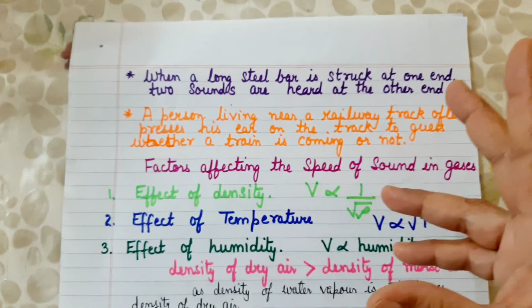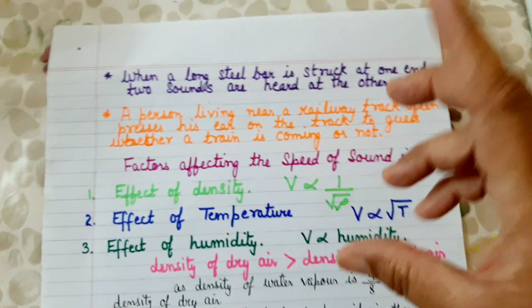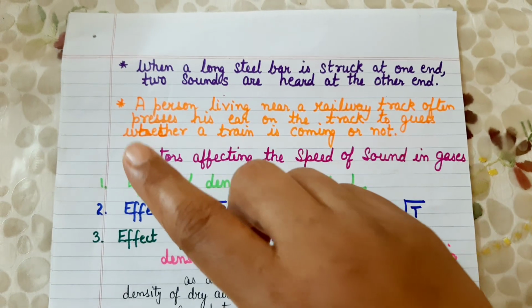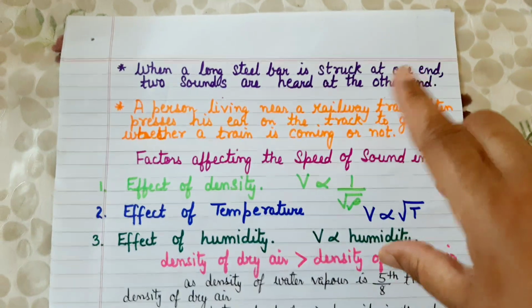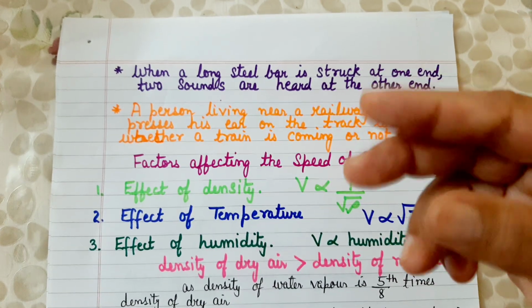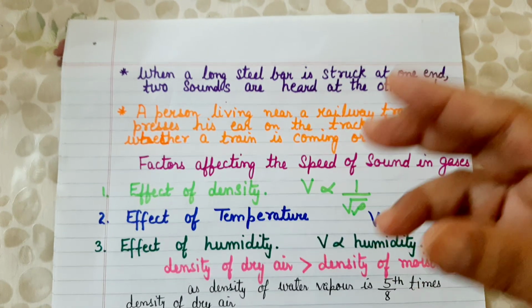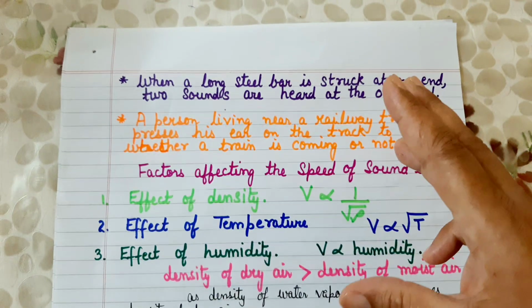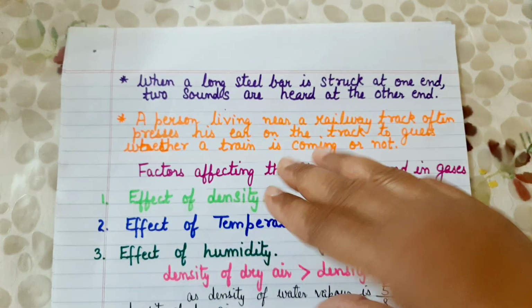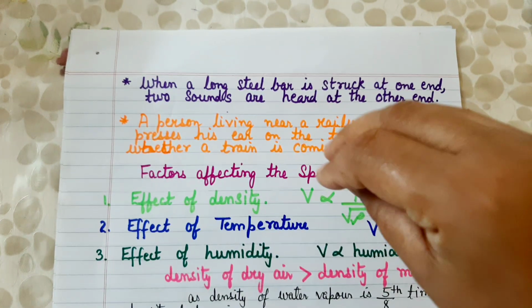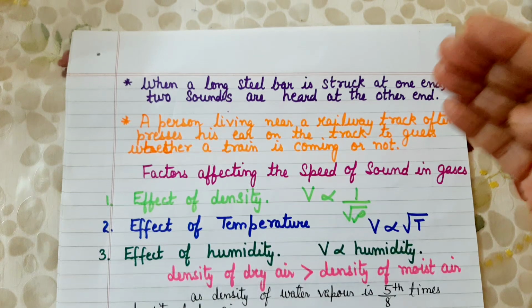What's the reason behind it? The reason behind it is that the first sound he hears is the sound traveling through the steel bar, and the second sound which he hears within a few milliseconds is the sound which travels through air. So therefore this tells you that the speed of sound in solids is more than the speed of sound in gases. You can hear two sounds, one through the solid steel bar and the other through air.